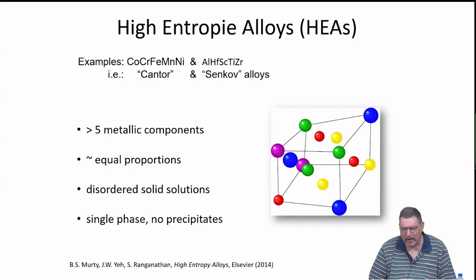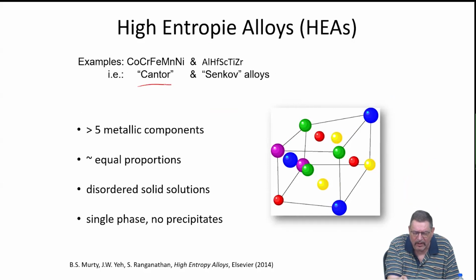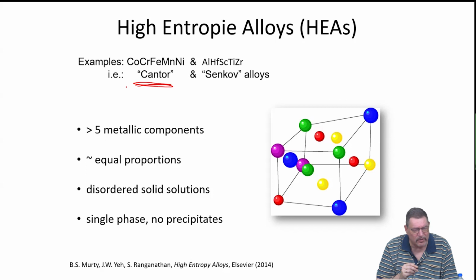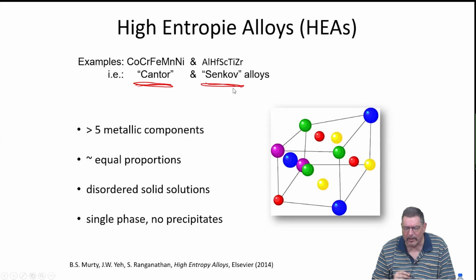Now, two alloy systems which you will see a lot in this course, and I have marked them and given them names as in the literature often done. It's the Cantor alloy, this cobalt, chromium, iron, manganese, nickel, 5-component equimolar system, and also the so-called Senkov alloy, which is the aluminum, hafnium, scandium, titanium, zirconium system.